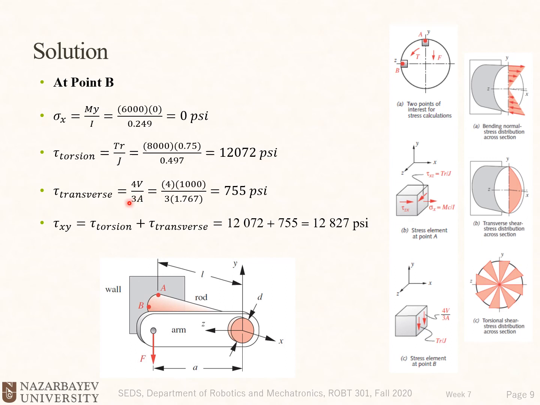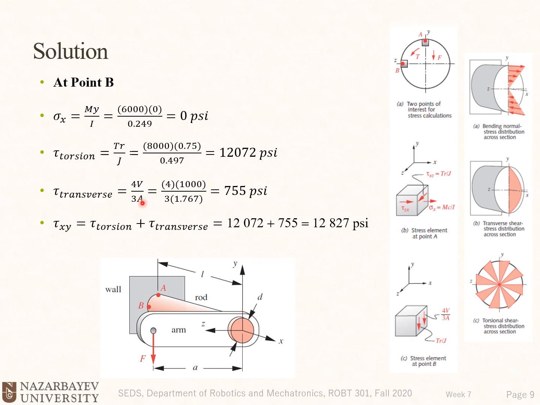And now we have the shear stress because of the transverse load. This one could be calculated by different methods, but we already developed this formula specifically for circular cross sections, and it's 4V divided by 3A, where A is the cross sectional area, pi R squared.